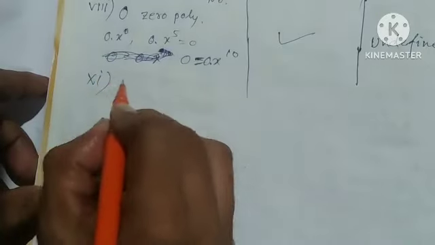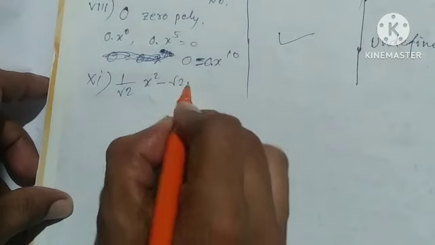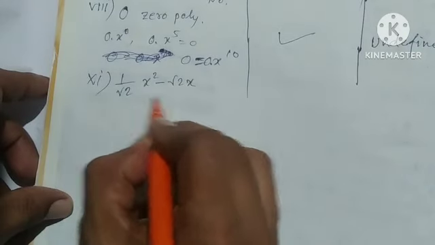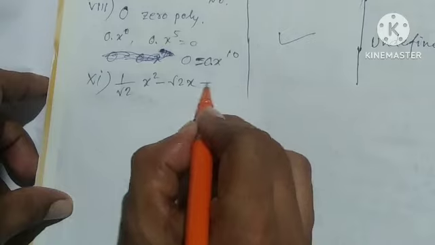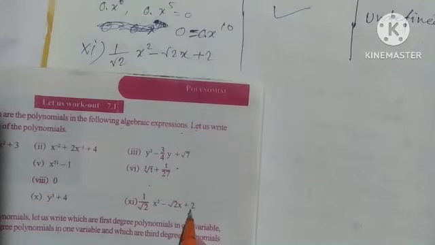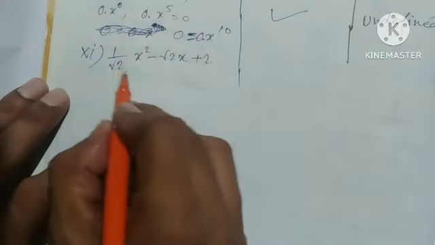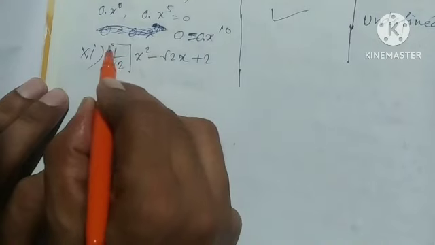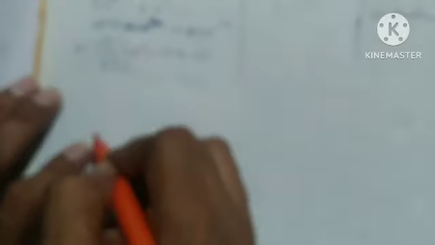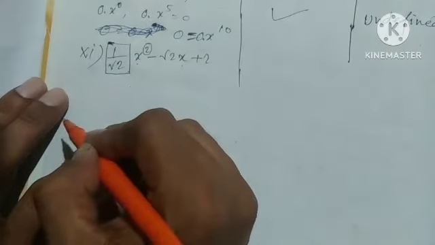Here, question 11: 1 by root 2 x square minus root 2 x plus 2. Look here, this part is the constant part. x is a variable, and the power of x is 2 here.